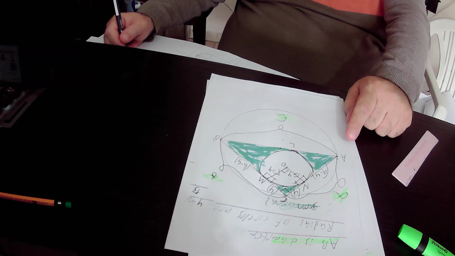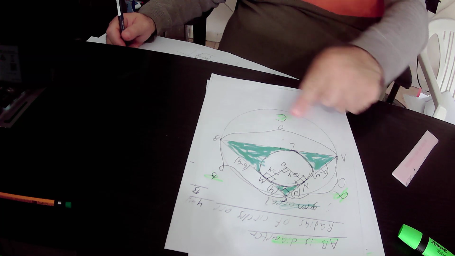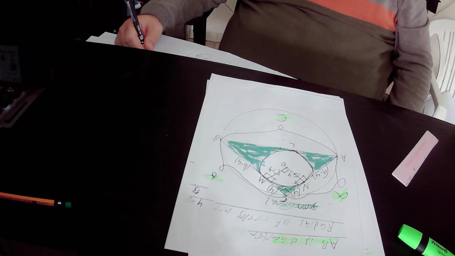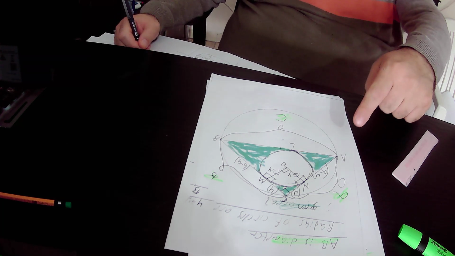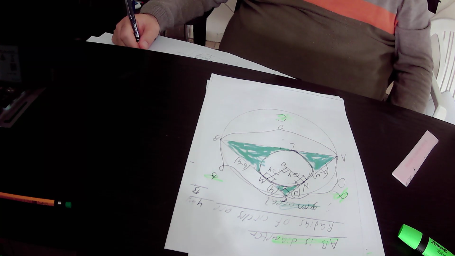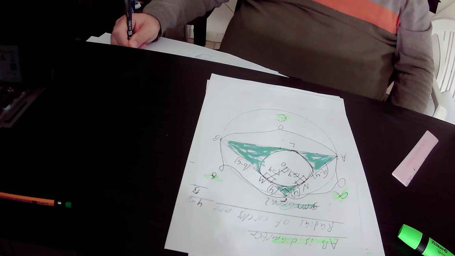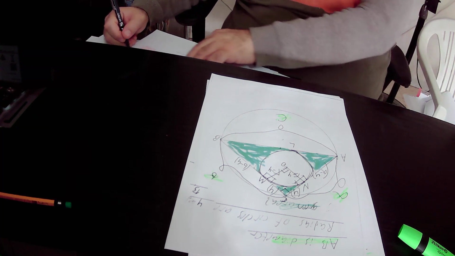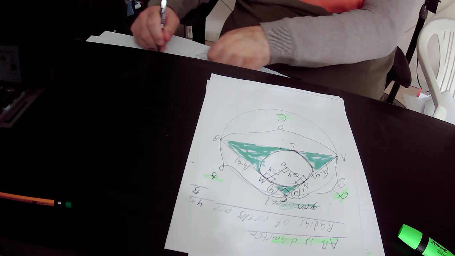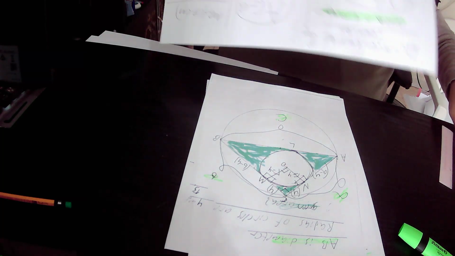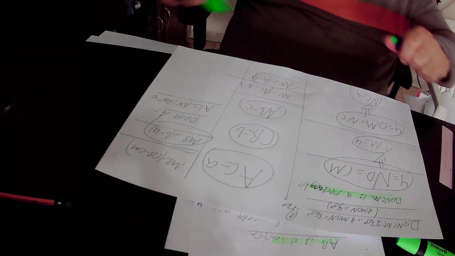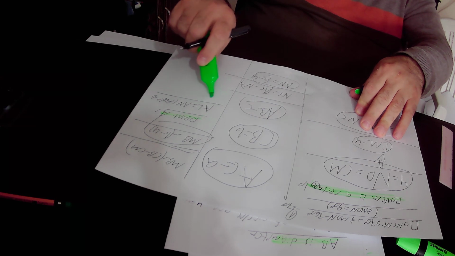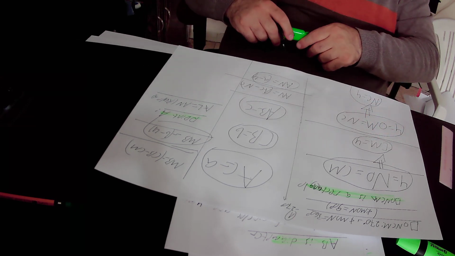So from point A we have two tangents to this circle, tangent AL and tangent AN. And according to rule number 2, the lengths of those two tangents are equal to each other. That is to say, AL equals AN according to rule number 2.